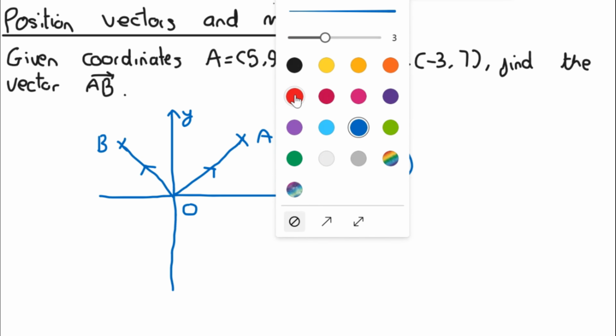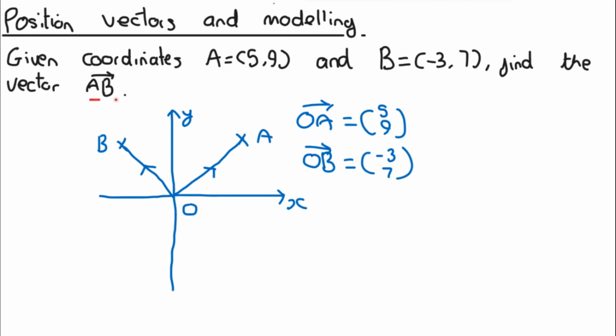And we need to find AB, which is this here that connects A and B, and remember it's going in this direction. So we're going to do the thing where we follow the lines from before. So we start from A, so AB is equal to, we're going to go down like this in this direction, so AO, plus, and then we're going to go up like this to OB.